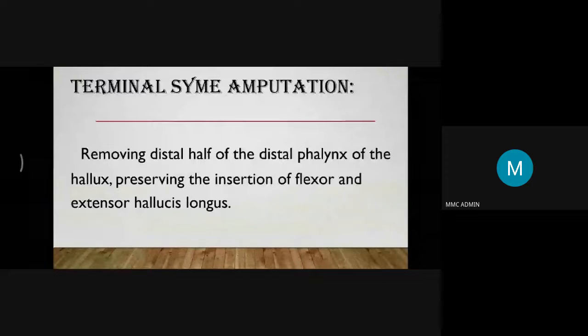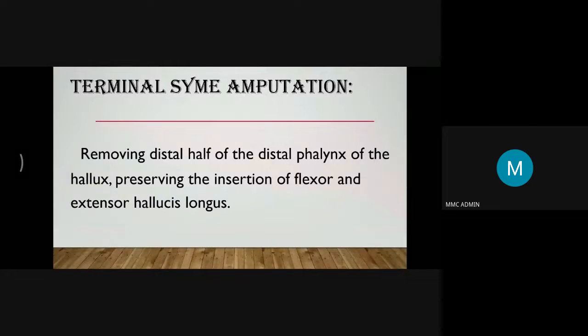Okay. If you are encountering a patient with a wound or with gangrene in the distal phalanx only, and the other parts, the proximal and the middle phalanges, are healthy, when you see clinically and in the X-rays, you will go for a terminal Syme's amputation, which is nothing but removing only the distal phalanx of the toe.